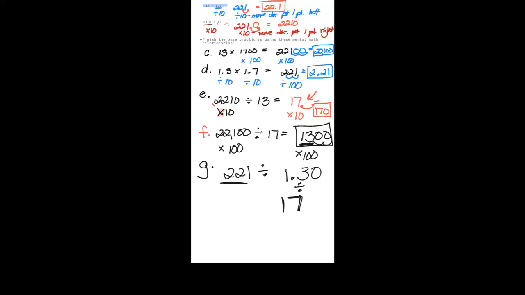We divided by 10, right? It went one space to the left. Now, think about this. If you have a number and you divide it by the same number, we would get 17. So 221 divided by 13 is 17. But now what we're dividing by is smaller. You're making smaller pieces. You're dividing it into smaller chunks. So what is going to happen to the number of chunks that you have? Is it going to be smaller or bigger?